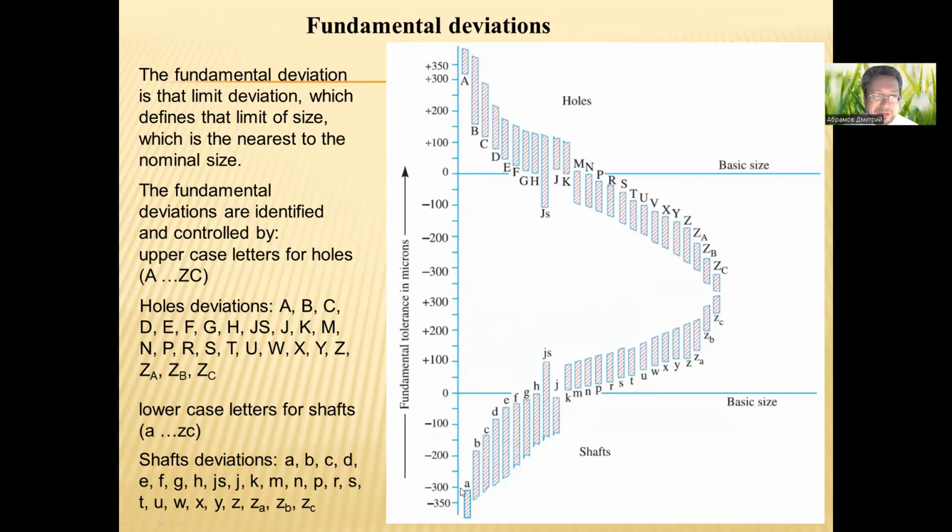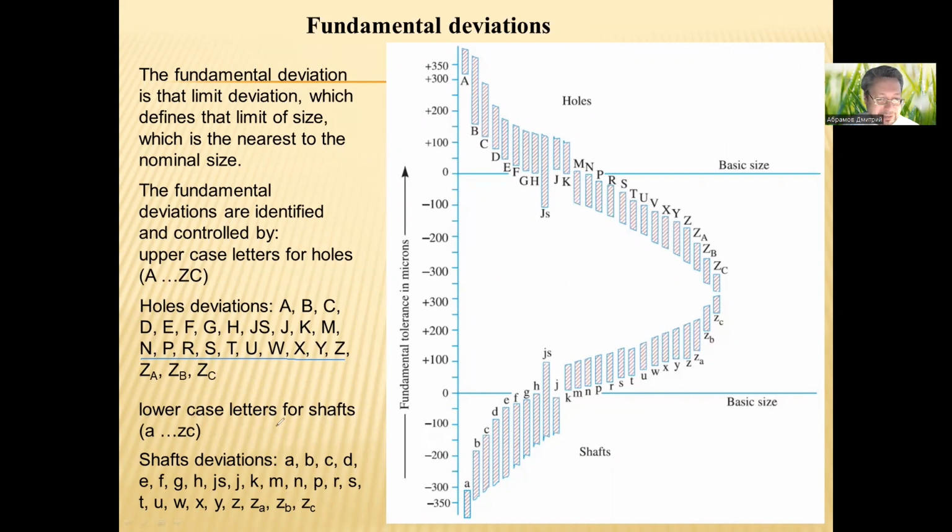The fundamental deviations are identified by upper case letters for holes from A to ZC. Hole deviations A, B, C, D, you can see the letters. All letters are big.